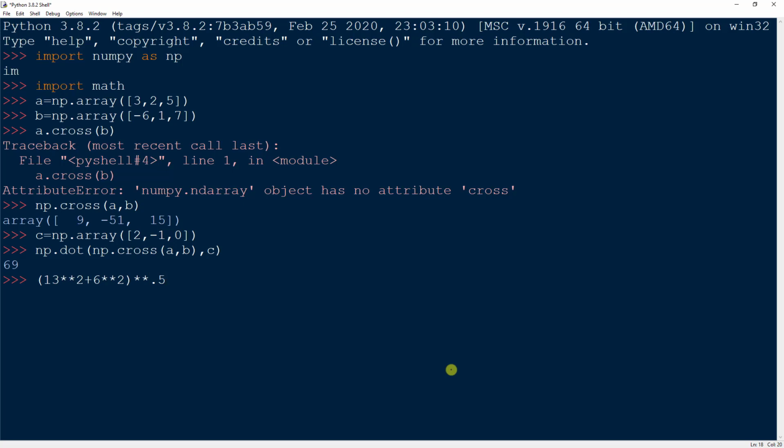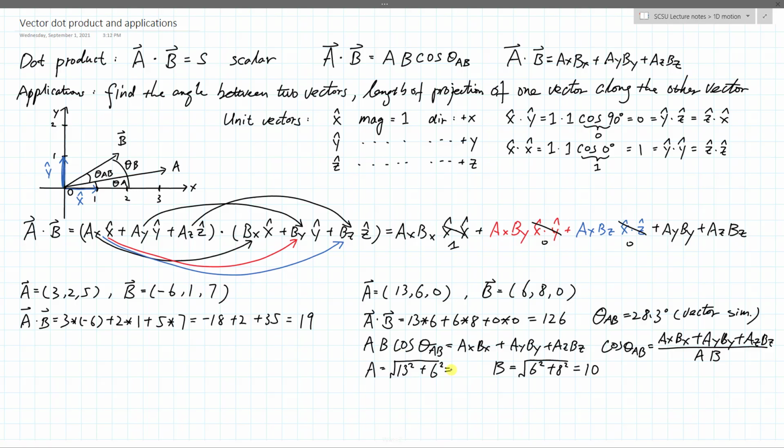That's taking the square root. So we have 14.3.